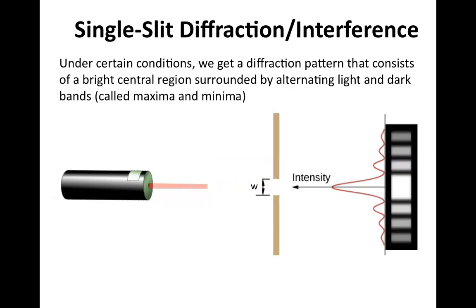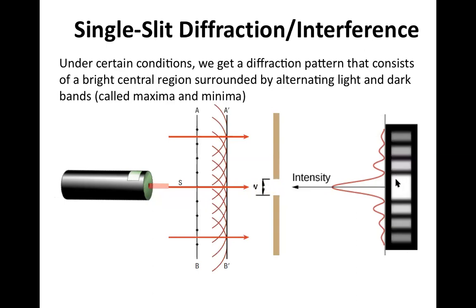So under certain conditions, we get a diffraction pattern from a single hole that consists of a bright central region surrounded by alternating light and dark bands called maxima and minima. And this observation is called single slit diffraction or single slit interference.